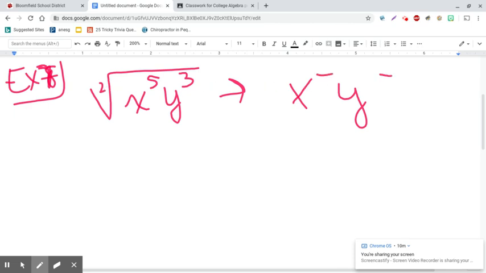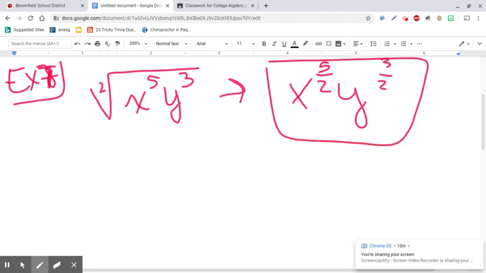So they're both going to have an index of 2, which means the denominator of both is going to be a 2. But what is x being raised to? The fifth power. And what is y being raised to? The third power. So our answer is x to the 5 halves, y to the 3 halves, right? The index for both is 2, but x is being raised to 5, and y is being raised to 3. Done. See, not too crazy.